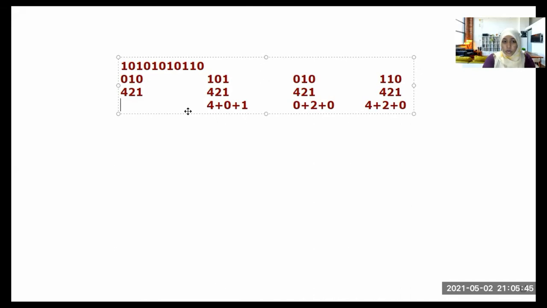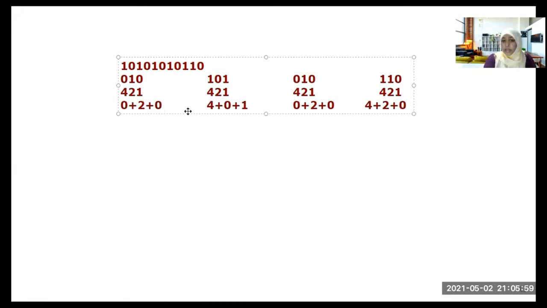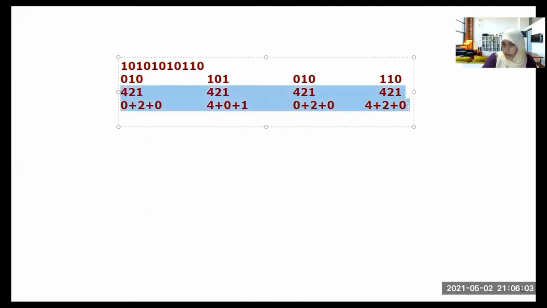Likewise, this one also. 1 into 0, 0, plus 2 into 1, 2, plus 4 into 0, 0. Now what should you do here? The next step. These 2 steps are just to get the answer. Remember that. When you go to the examination, don't write these 2 steps.